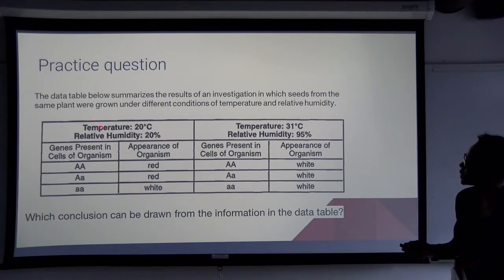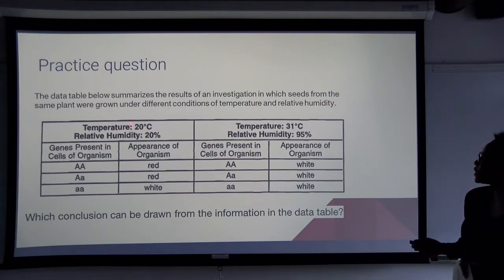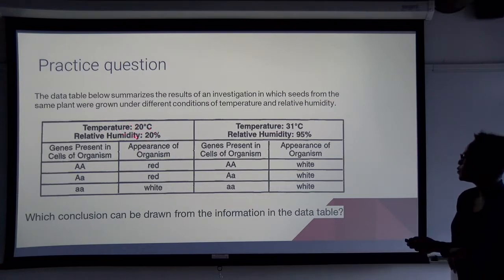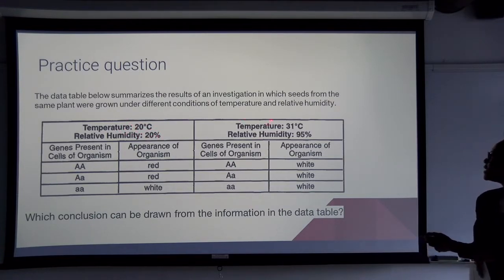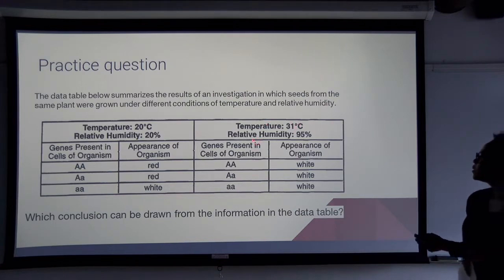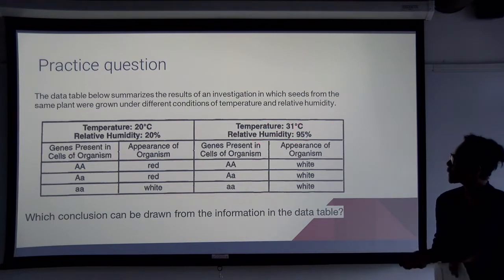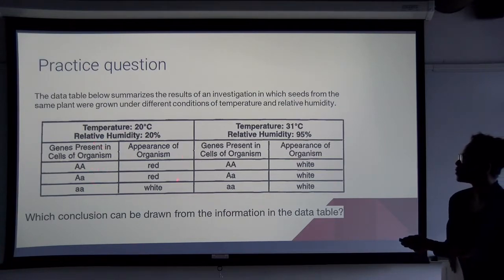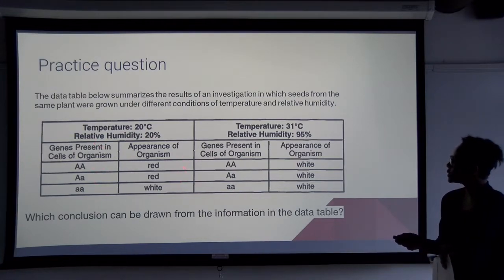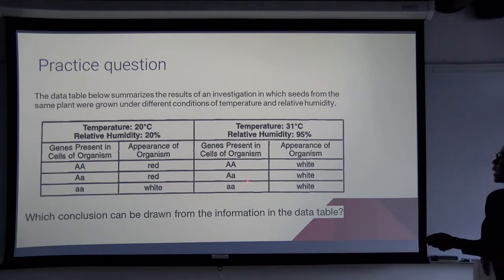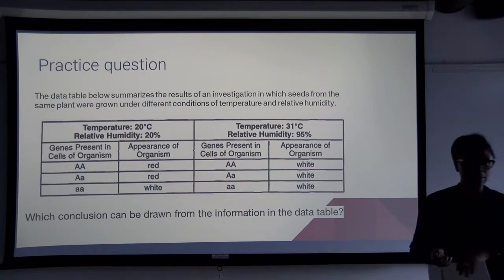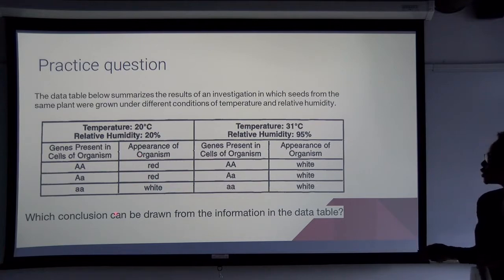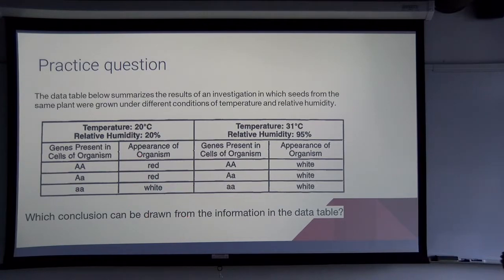If we take a look, we have plants exposed to 20 degrees Celsius with humidity at 20%, and plants at 31 degrees Celsius with humidity at 95%. Here are the genes, and this is how they appeared in the organism. Here are the same genes again, and this is how they appeared in that organism. Which conclusion can be drawn from the information in that data table? I'll give you a second to think about that.